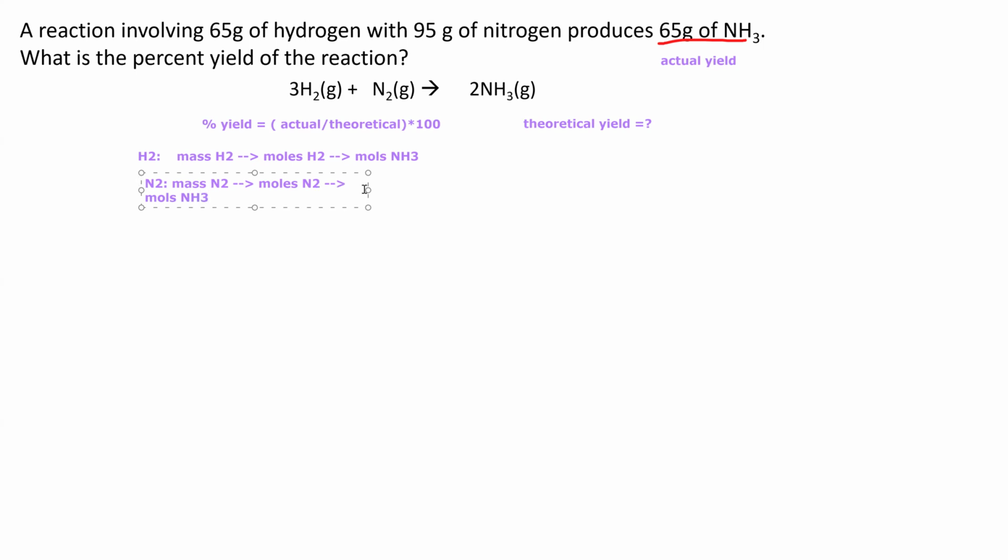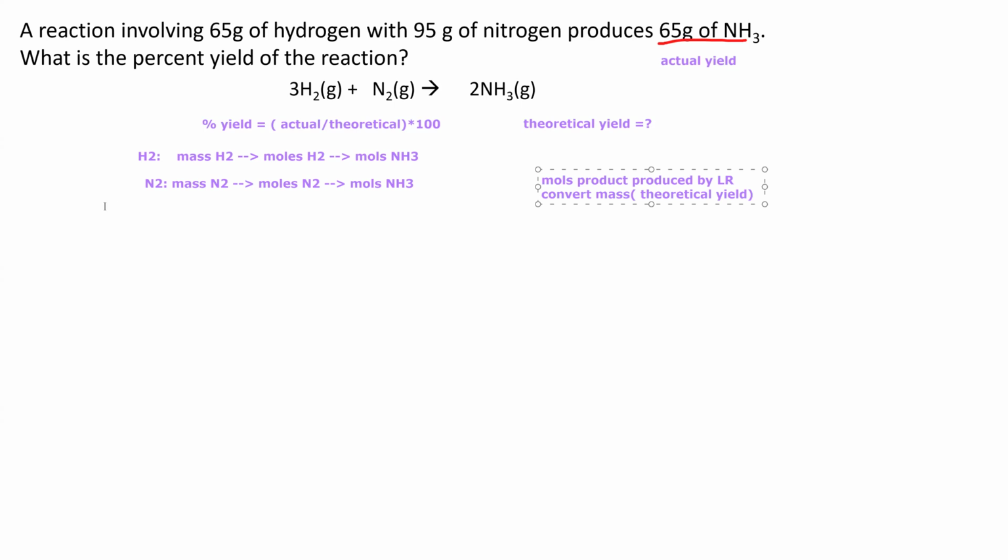And then we're going to see which one produces the fewer moles of product. That's going to determine the limiting reagent. And then the moles of product produced by the limiting reagent, I'll call it LR, we convert to mass. And this will give us our theoretical yield.